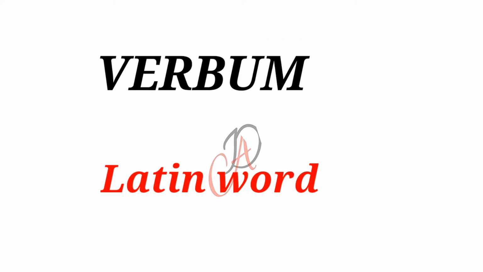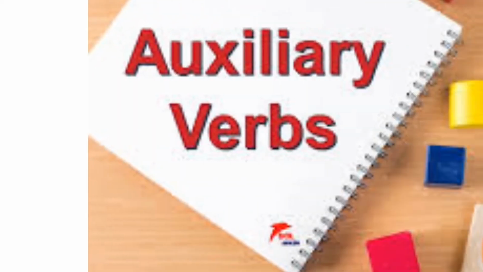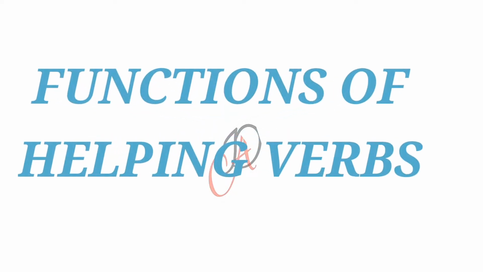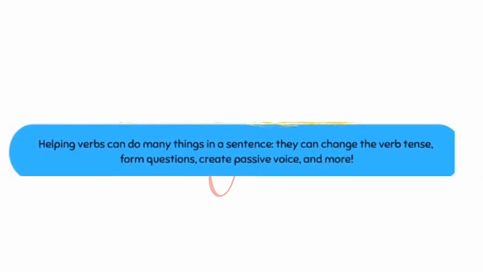Alright, let's move on to one special category of verb, that is helping verb. They are also called auxiliary verbs. Then, what are the functions of helping verbs? Helping verbs can do many things in a sentence. They can change the verb tense, form questions, create passive voice, and more.